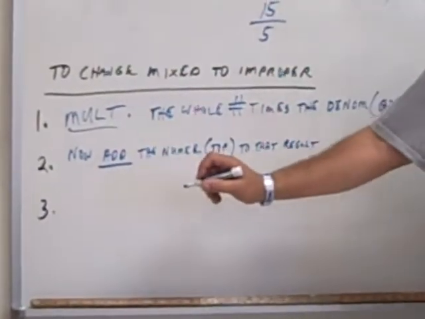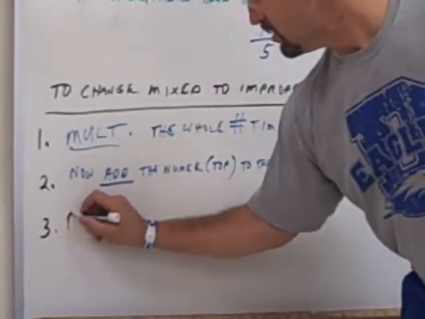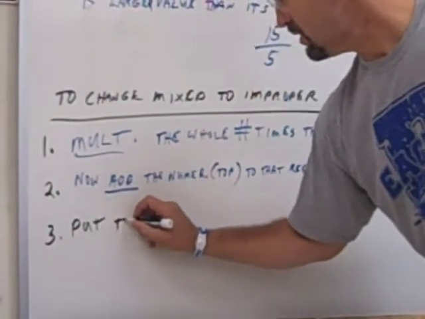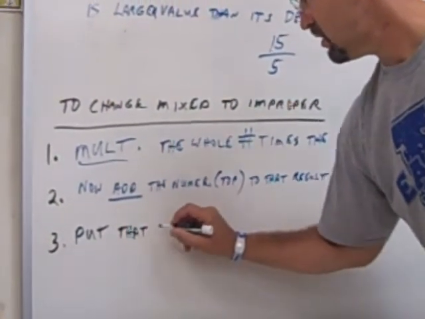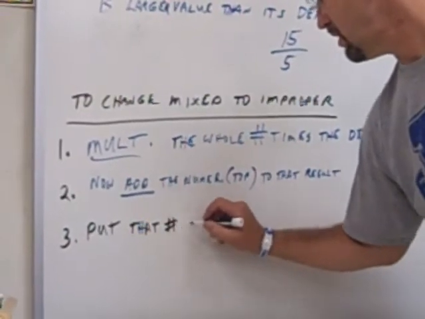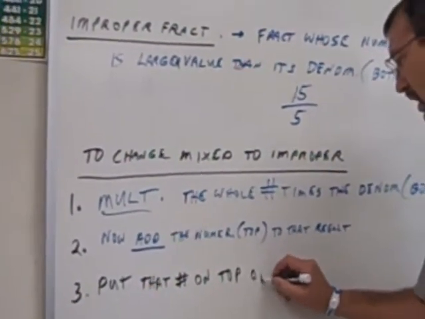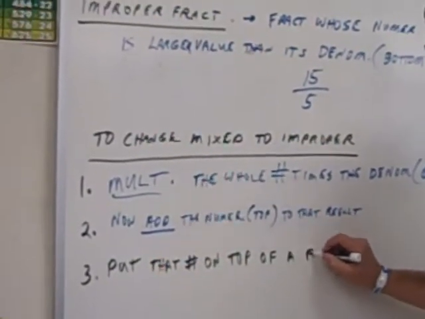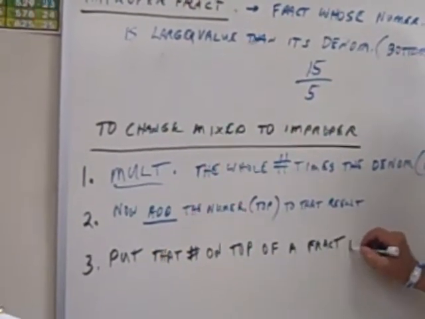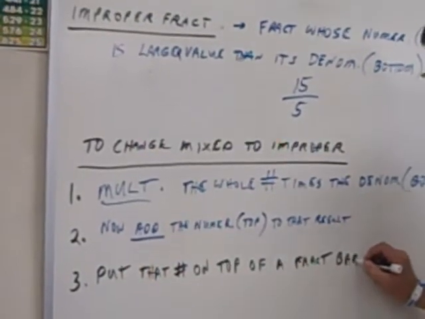Step 3, we're almost done. Put that number on top of a fract bar. I changed colors, didn't I?